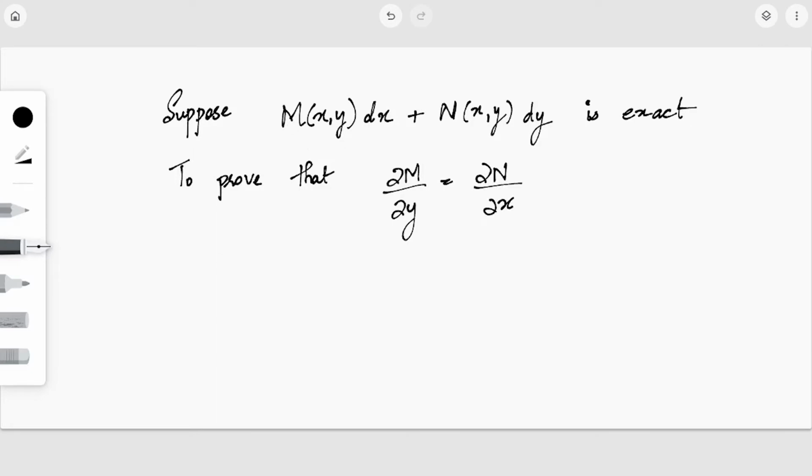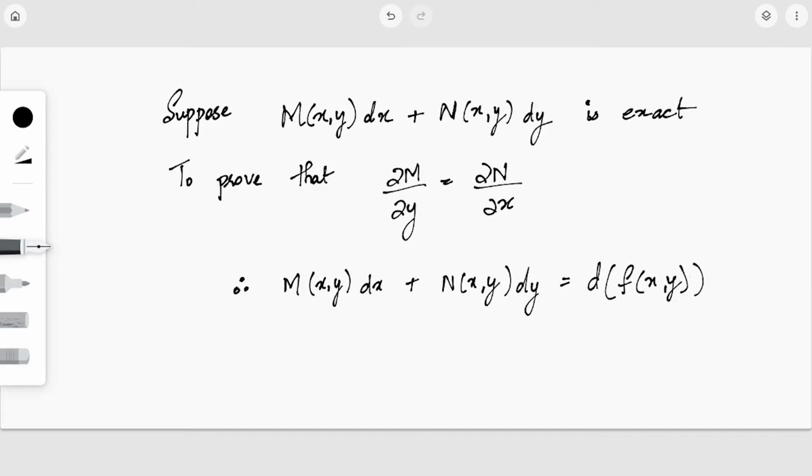Given this expression is exact, I can write M(x,y) dx plus N(x,y) dy as the differential of a function, say f(x,y).